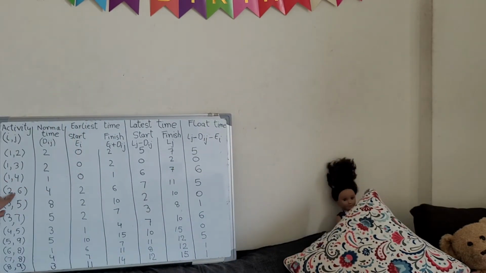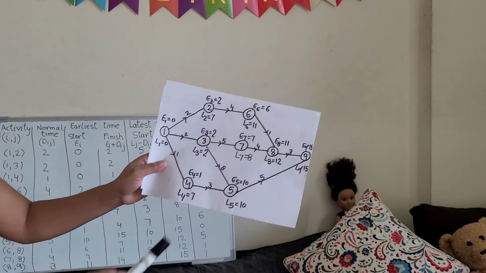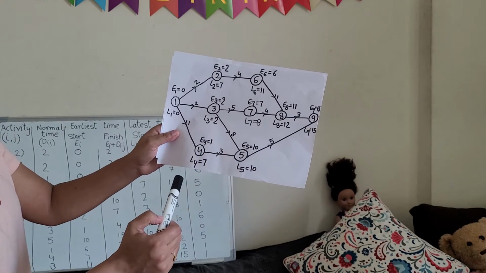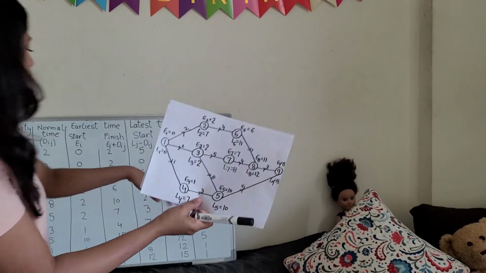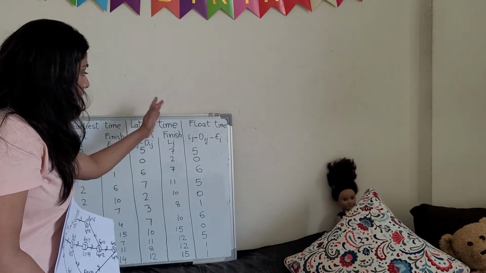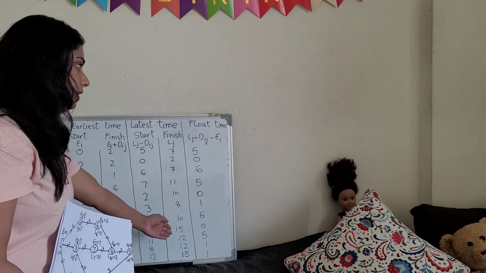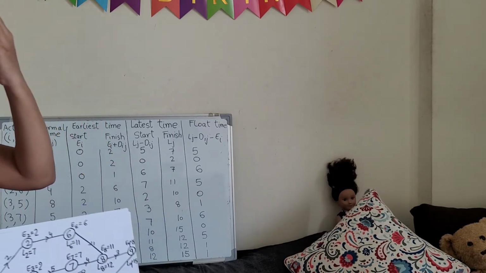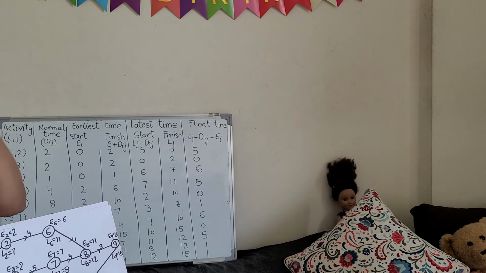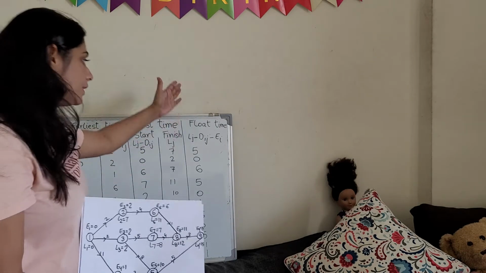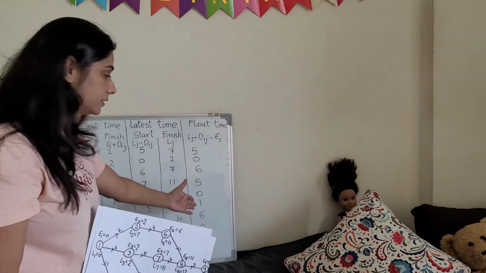Now next one is 2 to 6. So L6. L6 equals to, check how much? L6 equals to 11. So we are writing here 11. Similarly, we will fill this column.